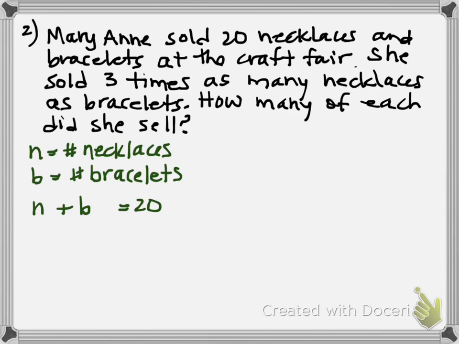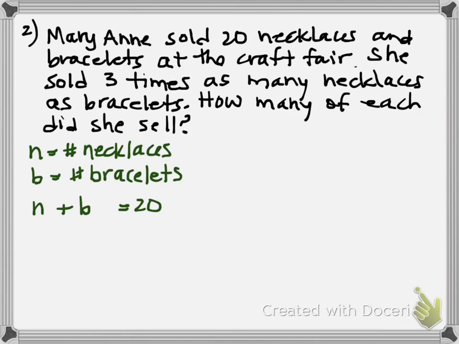Now here comes the second sentence. She sold 3 times as many necklaces as bracelets. So you have to think, what does that mean? What did she sell more of? Did she sell more necklaces or did she sell more bracelets? Okay. Says she sold more necklaces.